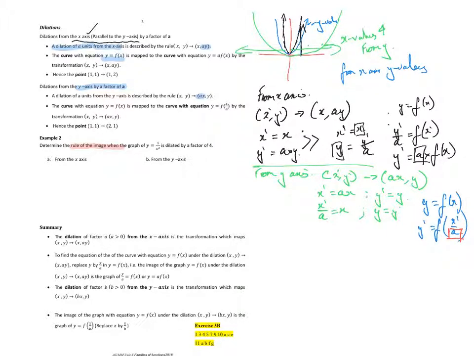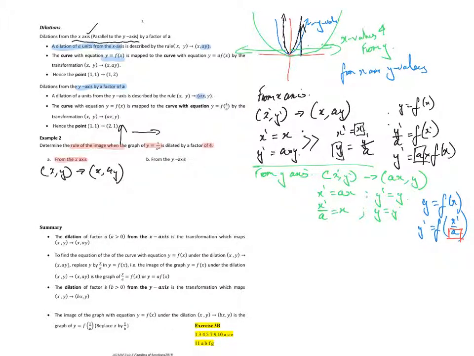The graph of y equals 1 on x squared is dilated by a factor of 4, first up from the x-axis. If we dilate from the x-axis, that means the point x, y becomes, from the x-axis we're shifting up, the point x, 4y.